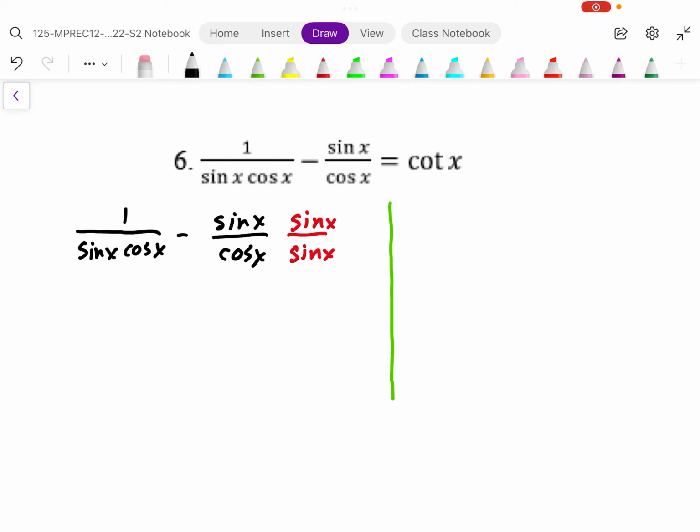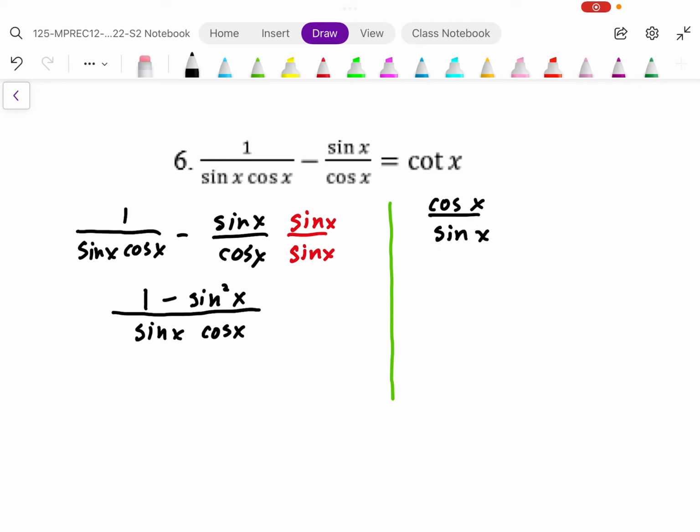Okay, so in the next line, I'm going to show that I have 1 minus sine squared x, and that's all over sine x cosine x. On the right-hand side, this is going to be cos x over sine x.